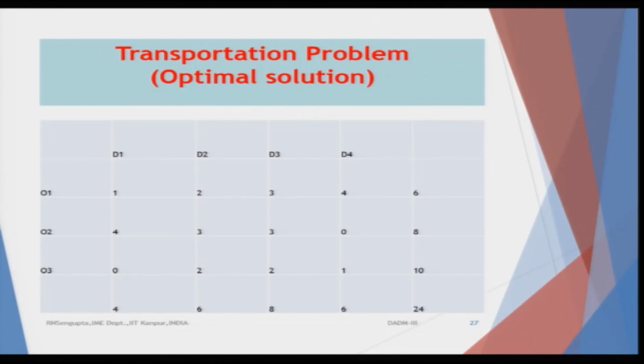Similarly, for the third row, the values are 0, 2, 2, 1, which again means 0 cost between O3 and D1, and the other values of the cost function are 2, 2, 1.